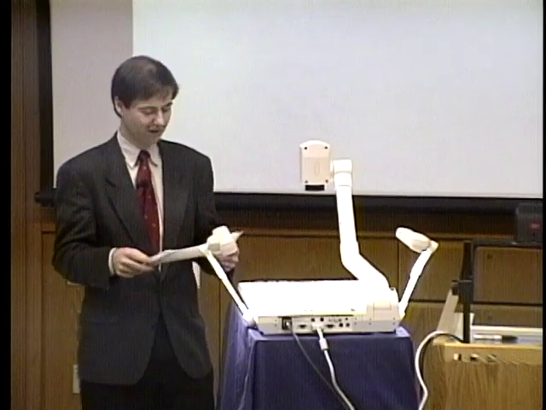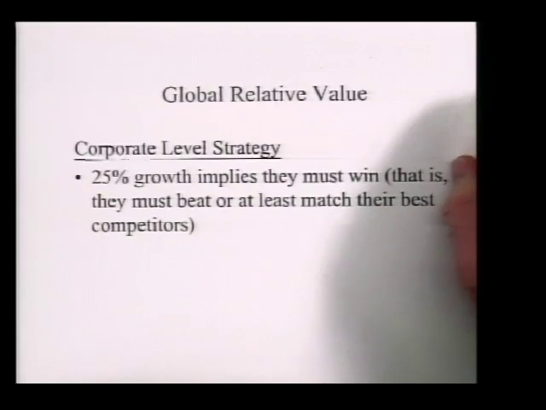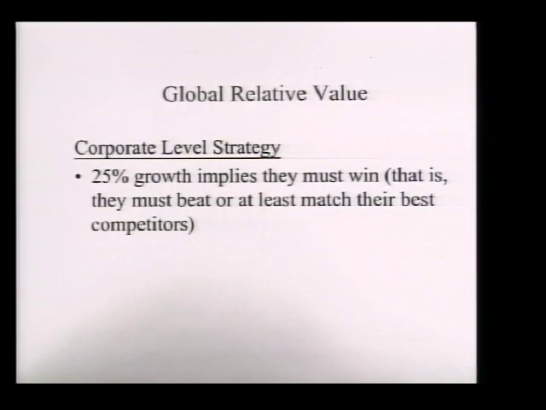The CEO's letter is real clear on this. So at the corporate level, they've got this growth target of 25%, which means they need to at least be matching the best firm to get 25% growth.